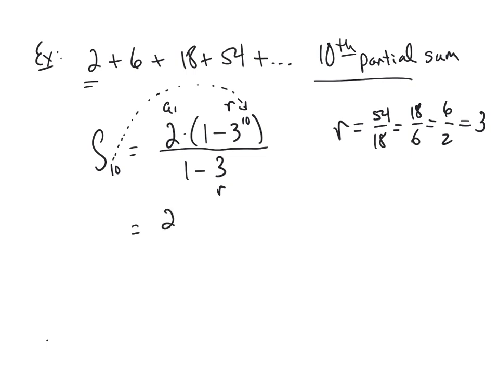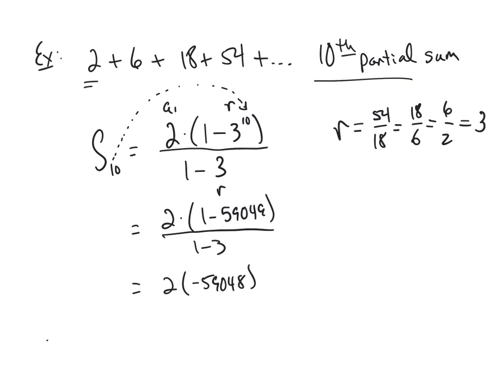We also have to work inside parentheses first. Inside the parentheses, we'll have to perform the exponent. So I'll have to raise 3 to the 10th power, which is 59,049. Then subtract inside the parentheses, 1 minus 59,049 would be negative 59,048.